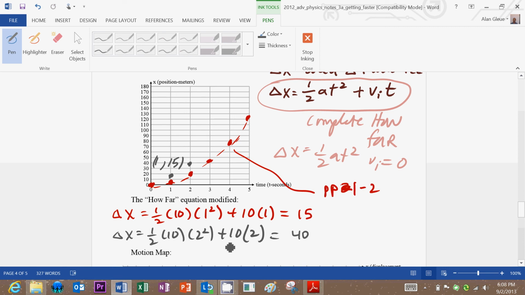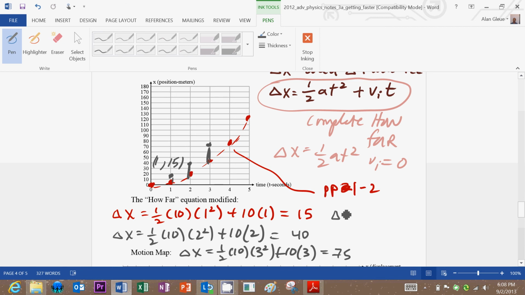Okay, so we've got to do 3 seconds, 4 seconds, and 5 seconds. We can do the same thing. 1/2 times 10 times 3 squared plus 10 times 3. You got that from that equation. If you calculate that out, you'll get 75. And that's going to be right there. See, my gap's getting larger because of that initial velocity, right?